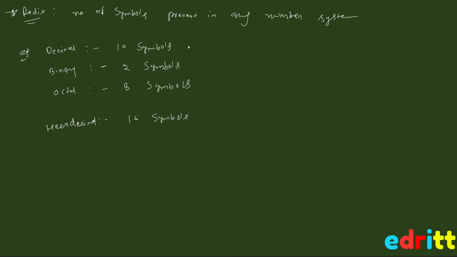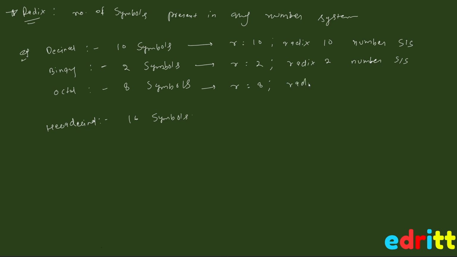Now these 10 symbols mean it is a radix 10 number system. Similarly, here we have two symbols, which means r is equal to 2. We call it a radix 2 number system. Similarly, here we have 8 symbols, so r is equal to 8.